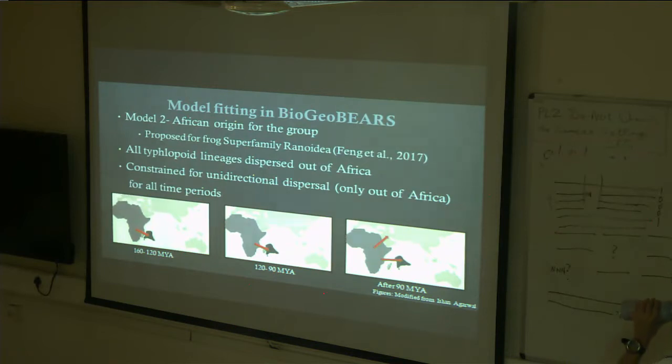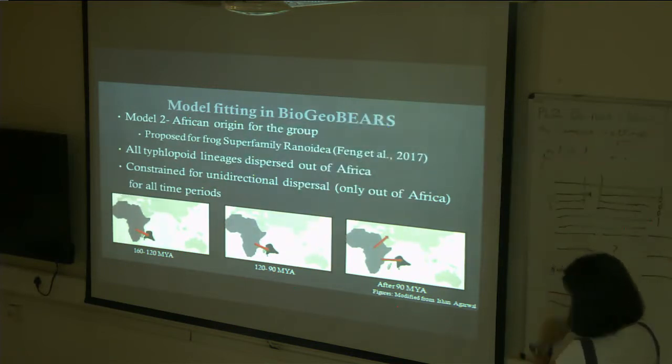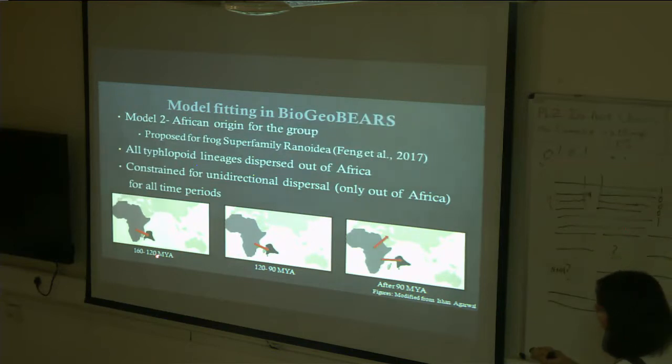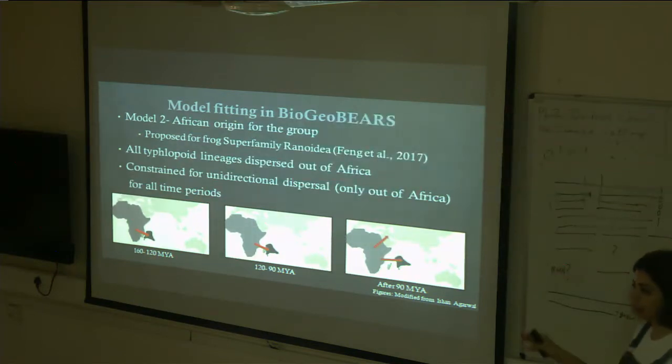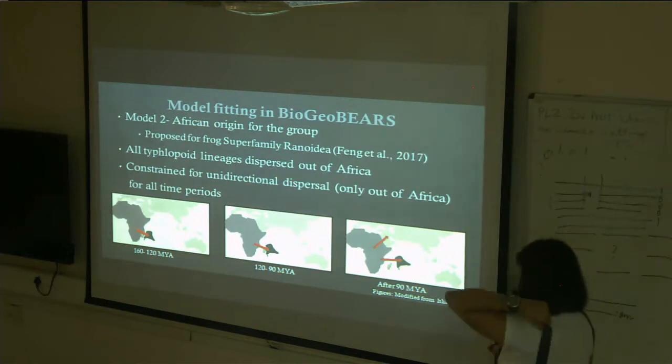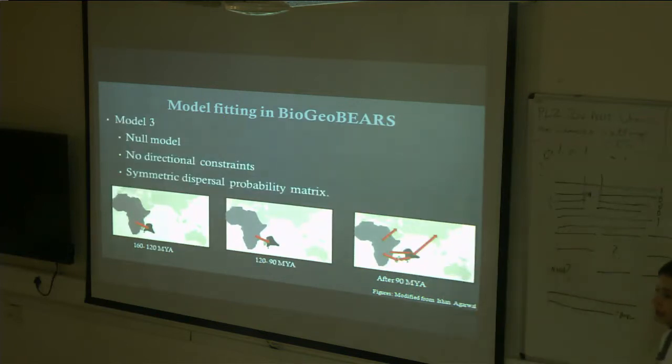So regardless of the time period of the analysis, I did not allow for dispersal into Africa, only out of Africa into every landmass. And model 3 was the null model where there were no constraints.